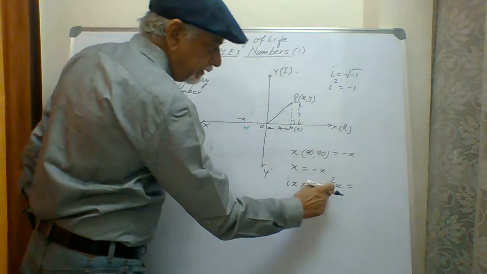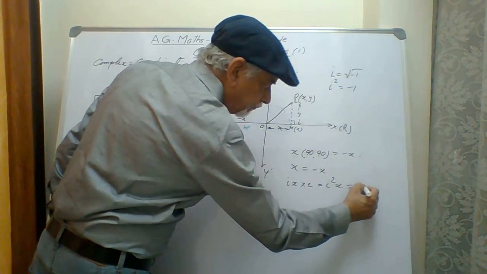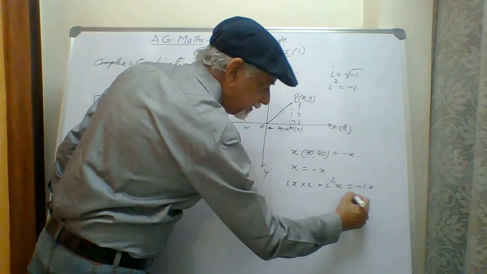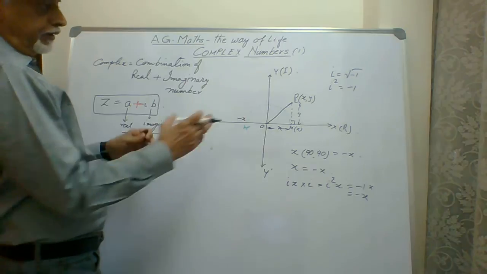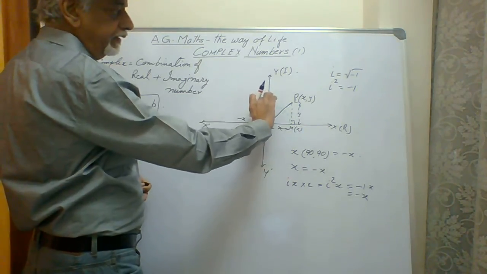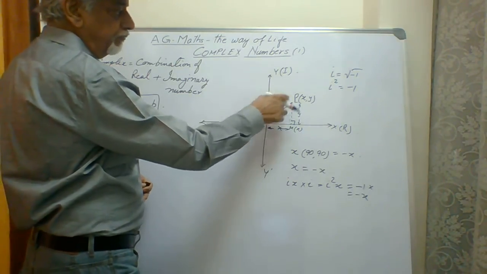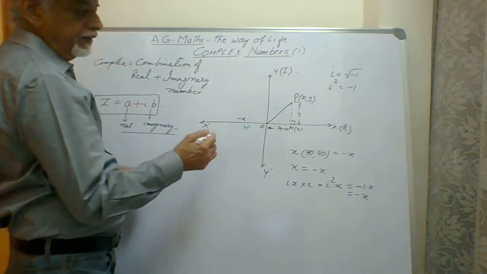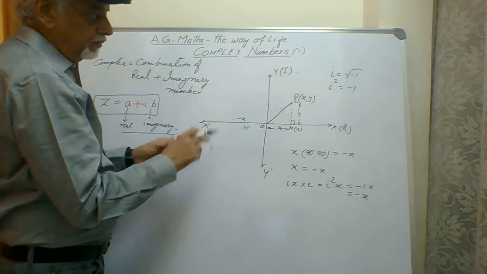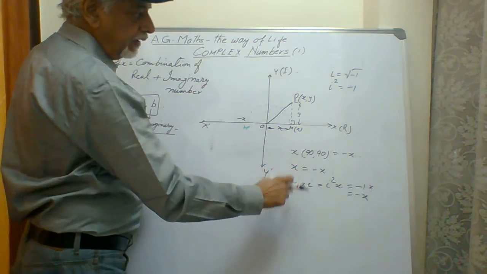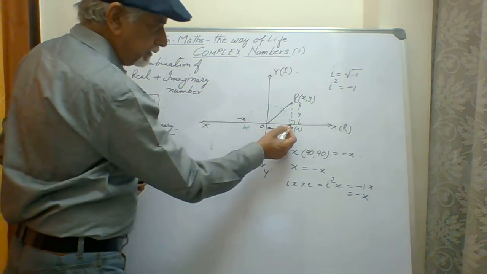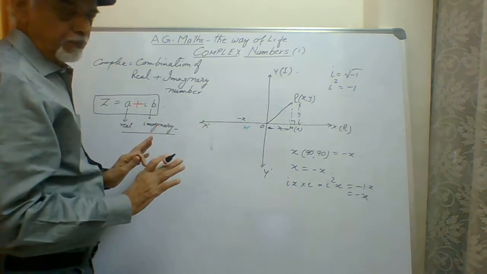So I can write it as minus 1 times x, or it is minus x. So looking here again, if one x is turned by 90 degrees, it will become Ix, and further it is turned by another 90 degrees, multiplied by another I. So 2 times multiplication of I will give me I square x, and that is minus x. So this x becomes minus x, there is no doubt about it.